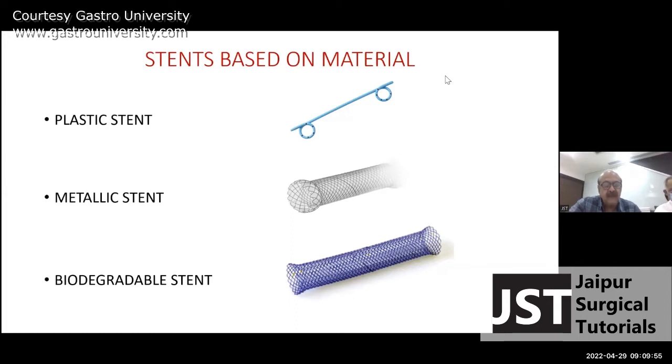Then we have metallic stents. These are the newer stents; for maybe the last 20-30 years we have been using them in various conditions, and they are uncovered, partially covered, or fully covered. Then we have biodegradable stents. These are made of the material used by surgeons for biodegradable sutures, and the stents can also be made from that.